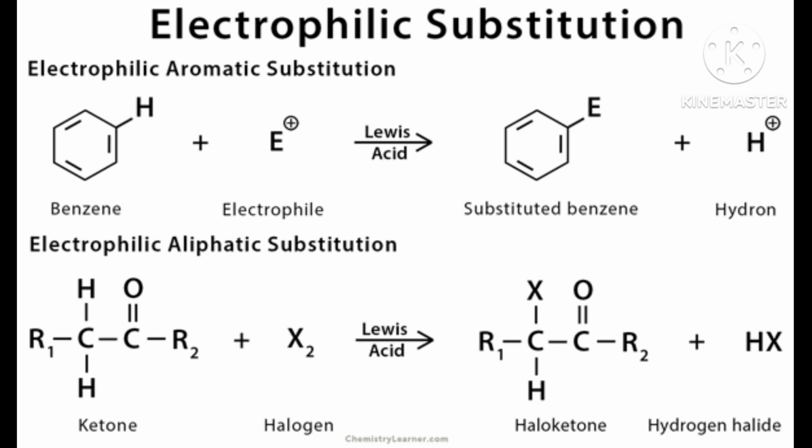Only then will this go to the opposite. Otherwise, Markovnikov: hydrogen will go to the carbon which has more hydrogen. The reverse case is possible in the Kharasch effect, and for that the condition is peroxide. Correct? Remember it. It is very, very important.